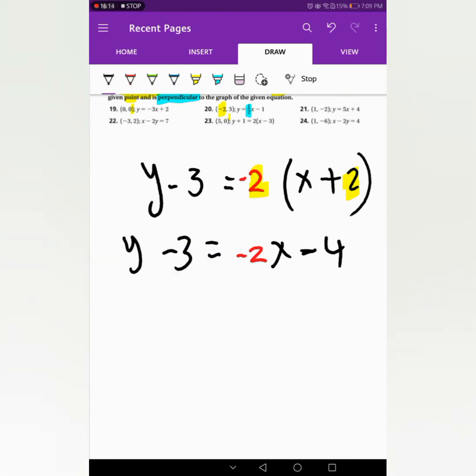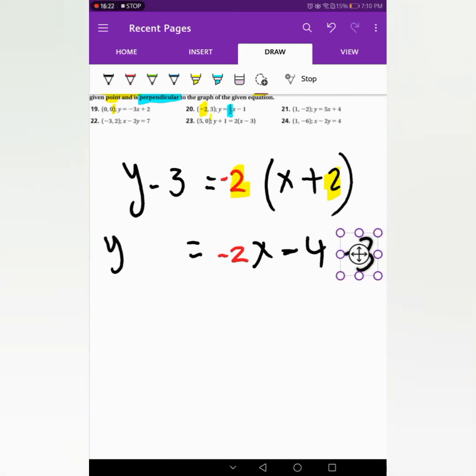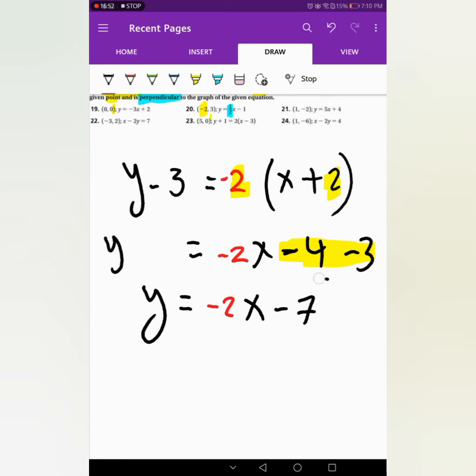Now I will move this to the right side to make the y alone and happy. Okay, okay. Now from here I have negative 7, yes, so it will be negative 7 negative 2x, and this is equal to y.